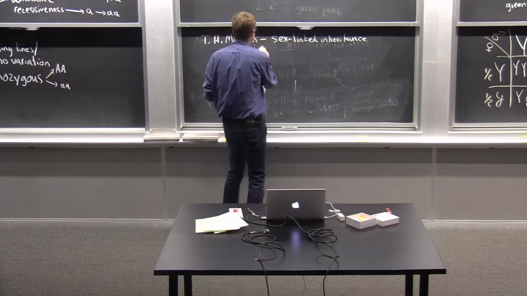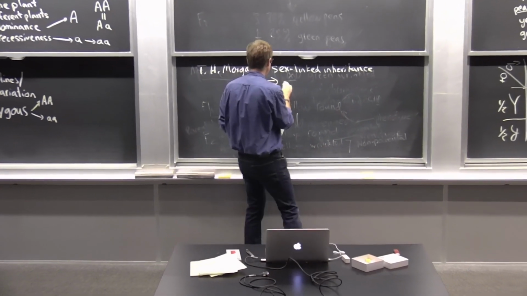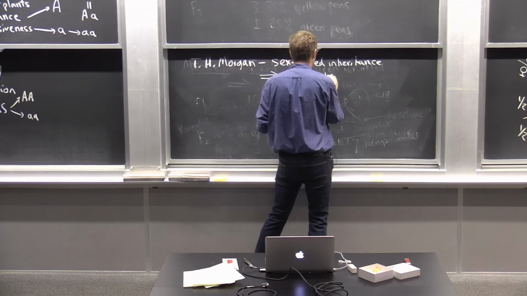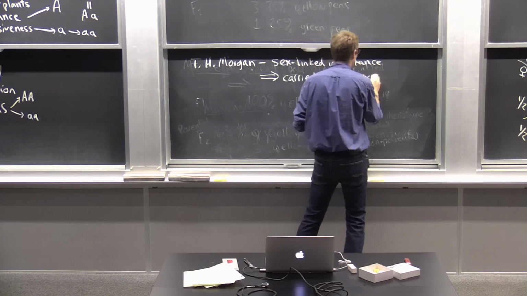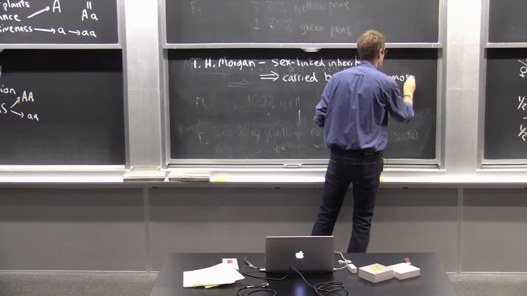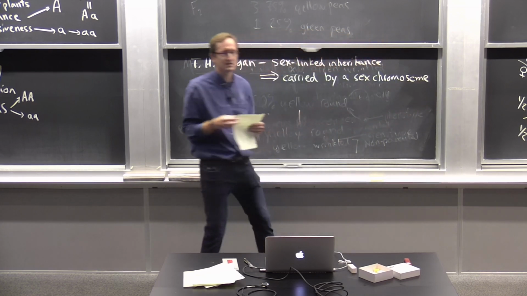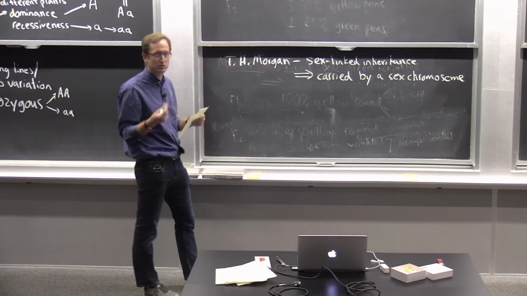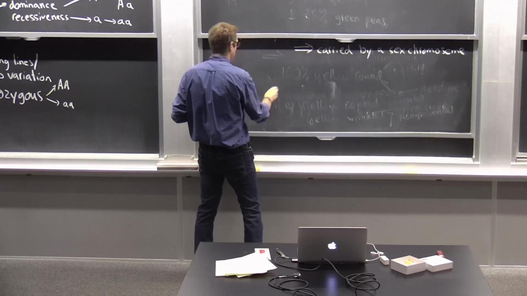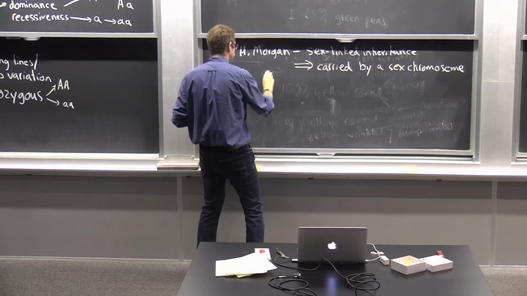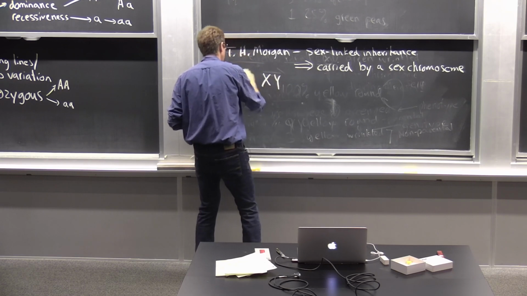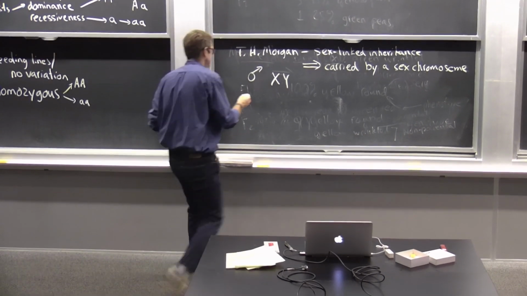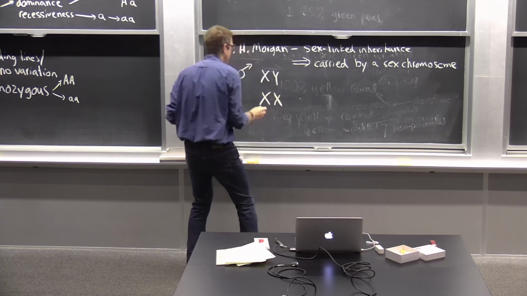So the explanation for sex-linked inheritance is that this is a trait that's carried by a special type of chromosome known as a sex chromosome. Fortunately for us, flies, like humans, have male flies with an X and a Y chromosome, so the inheritance is similar between flies and humans when considering sex linkage.